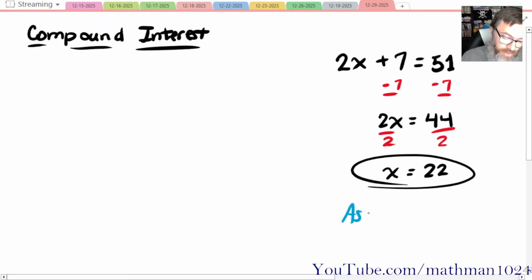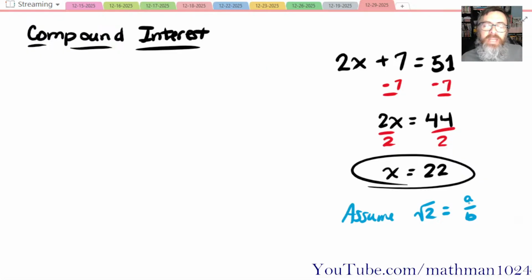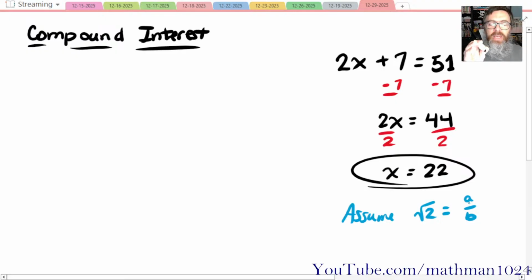But you assume that the square root of 2 can be written as a over b, where a and b are integers, and these guys don't have any factors in common.